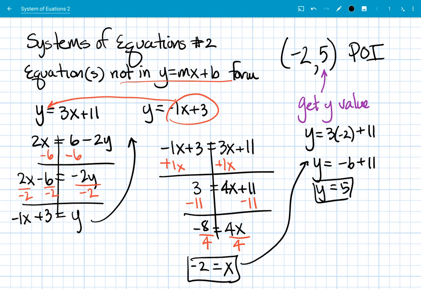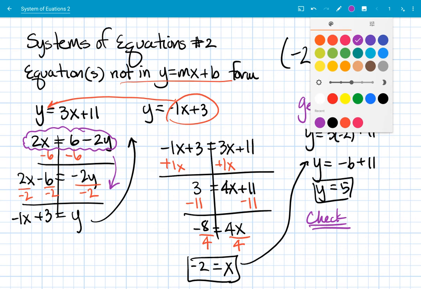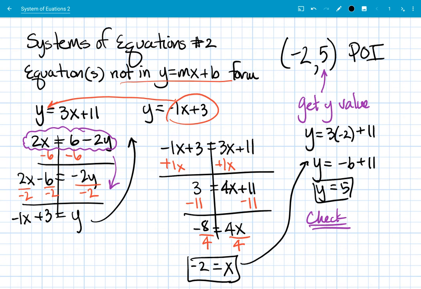All right, so then we'll do our check. And I'm going to use this original equation, because that way, if there was a mistake made during this process, it'll catch it in the check. So we're going to go 2 times x, which we say is negative 2, equals 6 minus 2y.